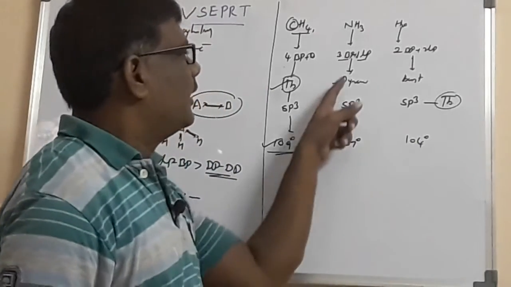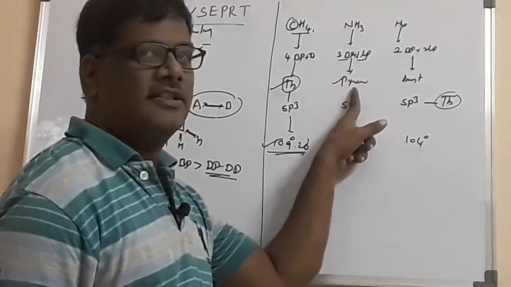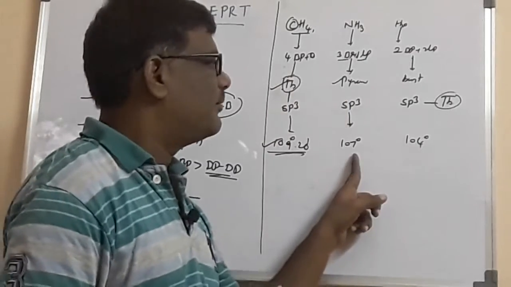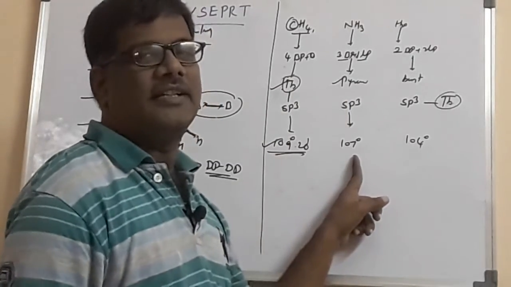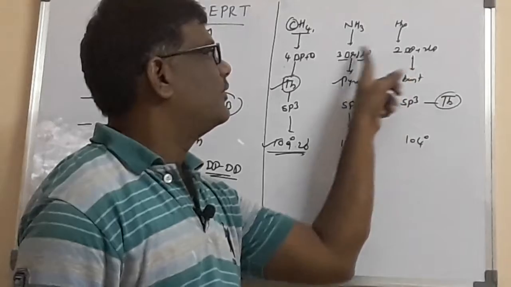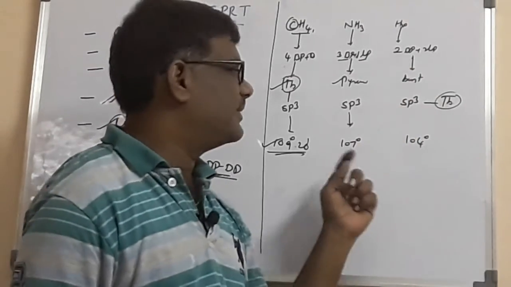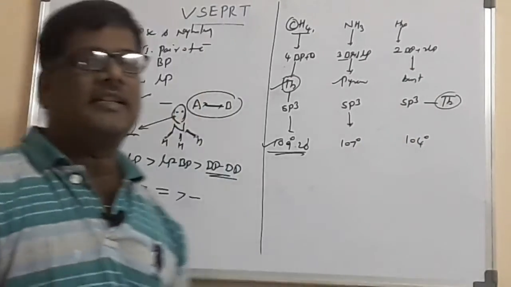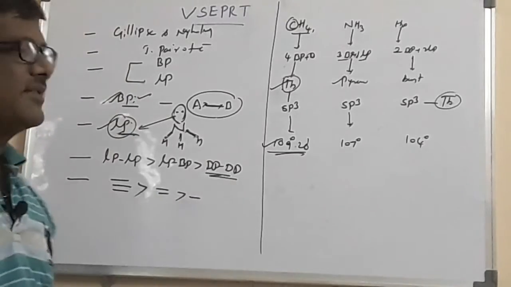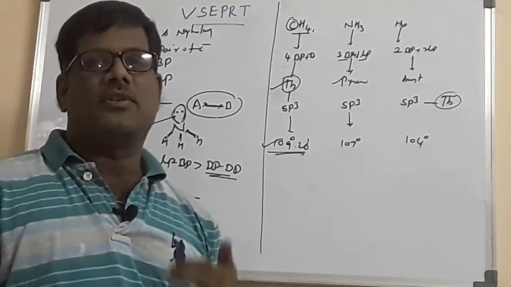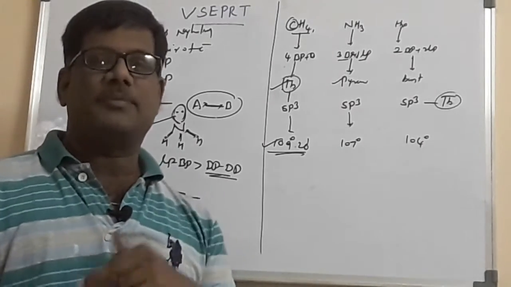Why? Because of lone pair distortion, the structure changes and the bond angle decreases further. Lone pairs increase, distortion in the shape takes place, and the bond angle decreases. This is called the VSEPR theory, valence shell electron pair repulsion theory, which gives you the shape of the molecule.